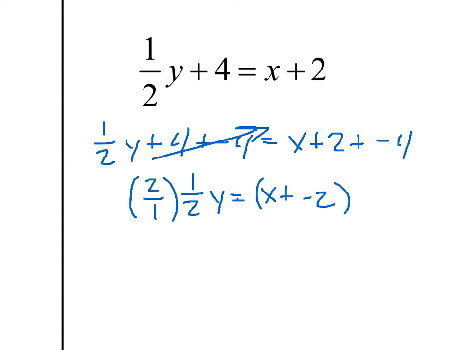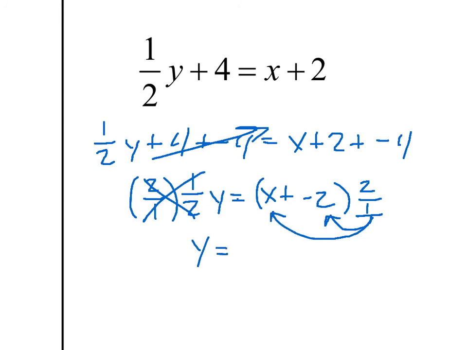I'm putting parentheses around it to make sure that I'm saying this as a group has to be multiplied by 2 over 1. Which means what property do we need to use here? Distributive. So I'm going to distribute this multiplication of 2 to both parts.